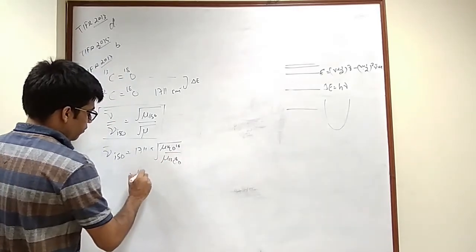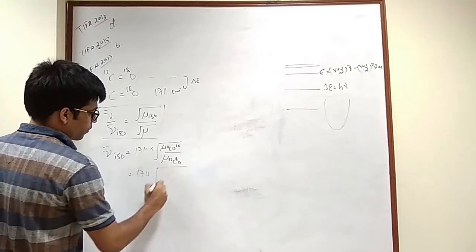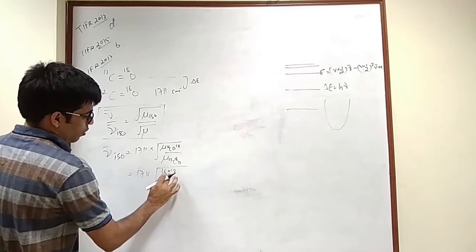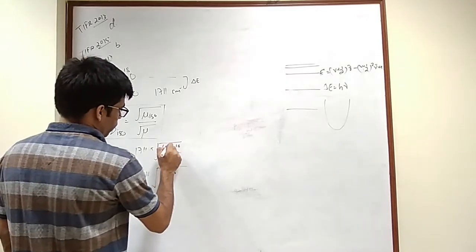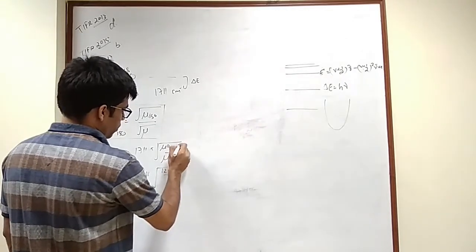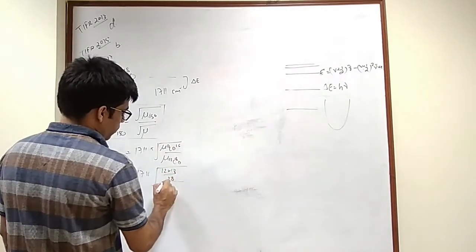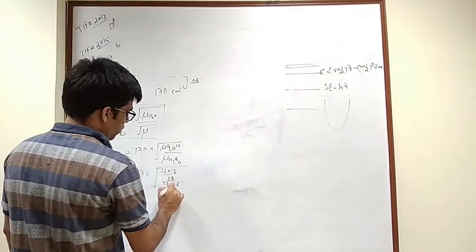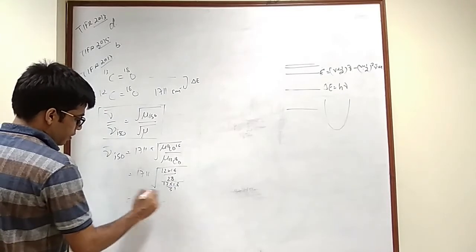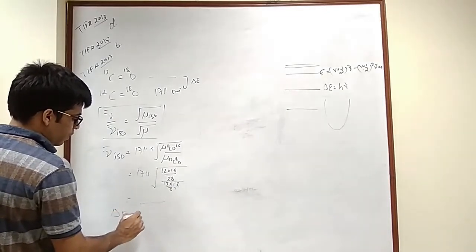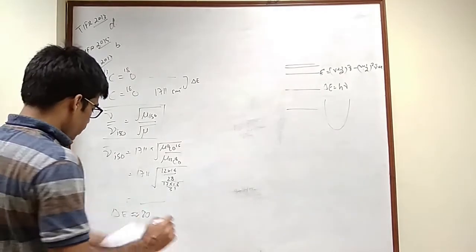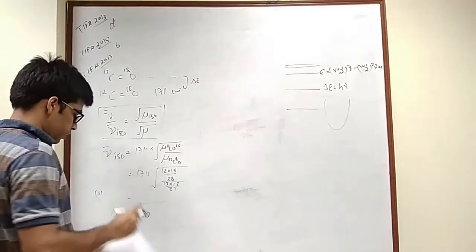So this would mean 12 into 16 by 28, by 13 into 18 by 31. If you solve this, you will get some answer, and when you subtract 1711 from that, you should get somewhere close to 80, which is given in your option number A.